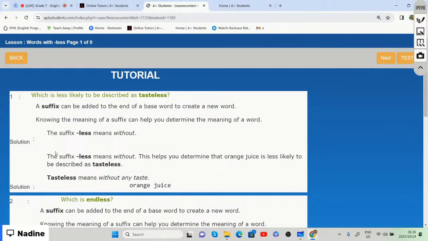It's not nice. And what can likely be described as tasteless? It can be the juice, in this case, the orange juice.